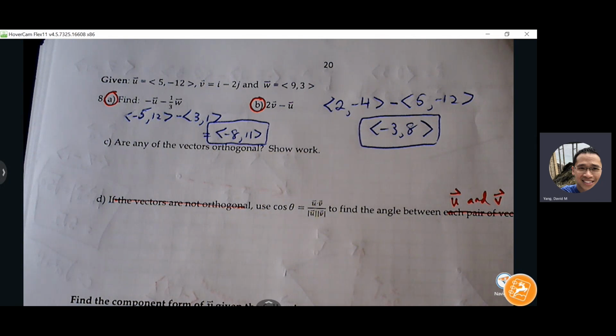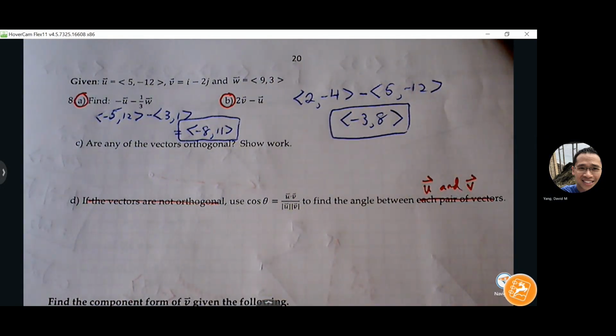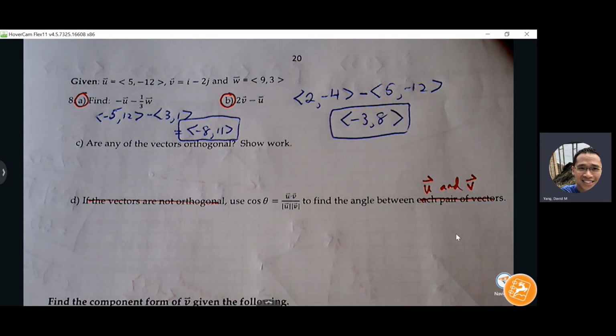Okay, guys, page 20. I want us to finish off this page together.